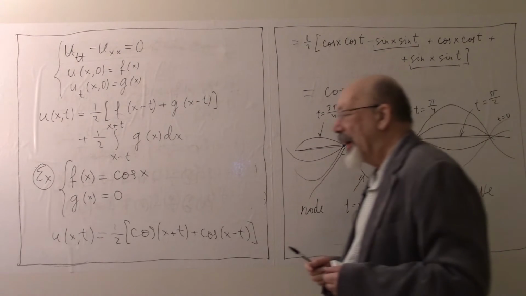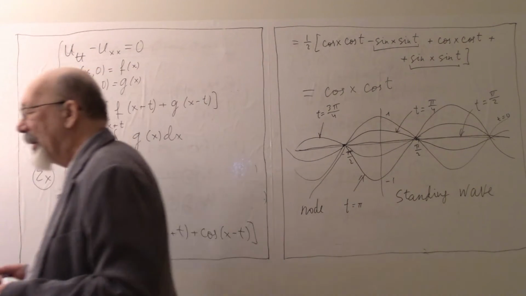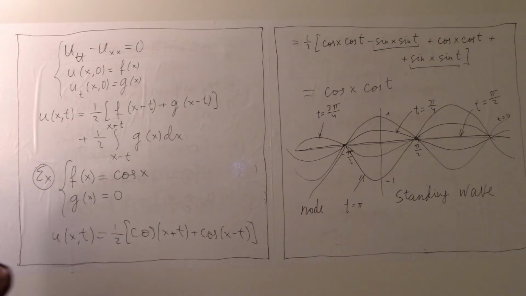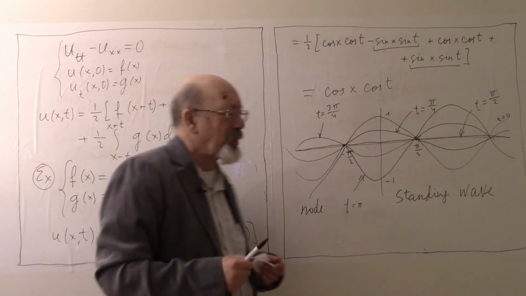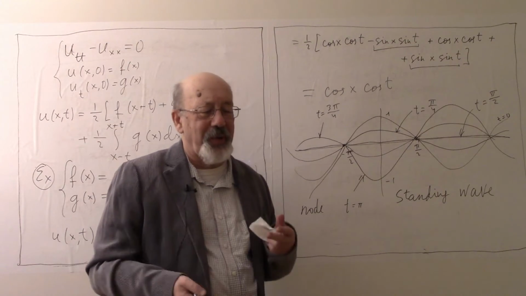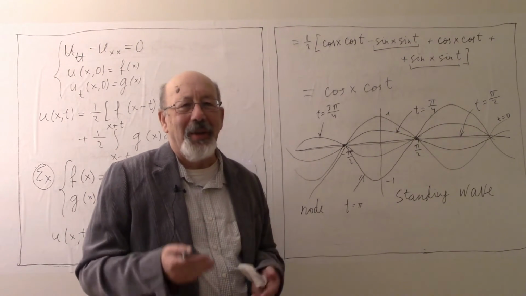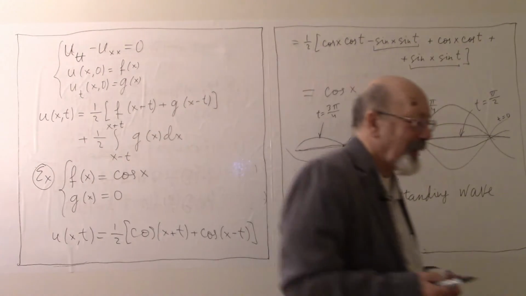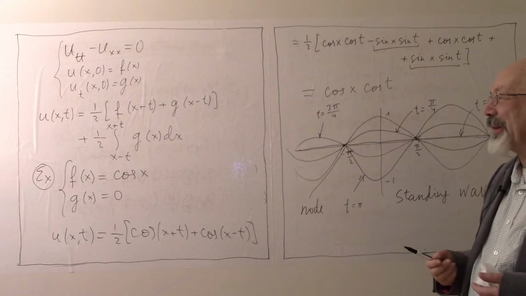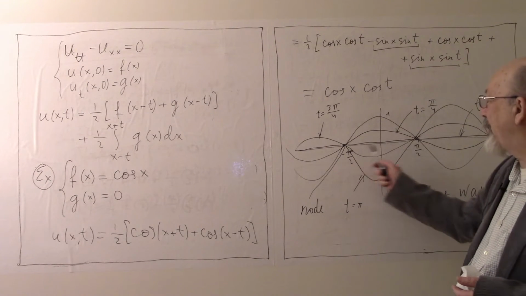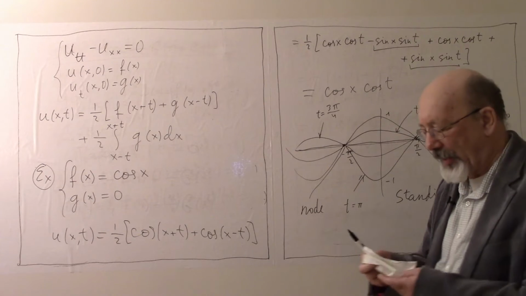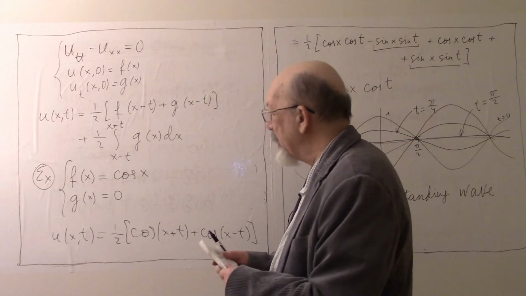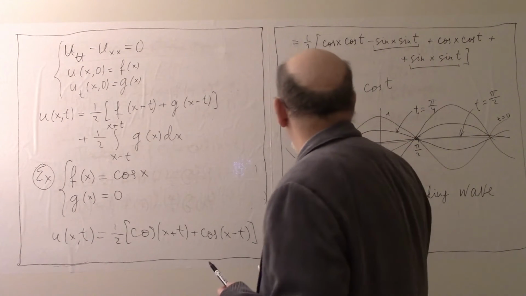A little later we will consider in more detail the oscillation of a guitar string, which is fixed at two points. It is an interesting thing to describe exactly its motion. We will do it later.